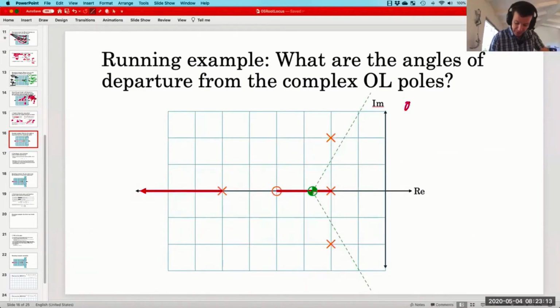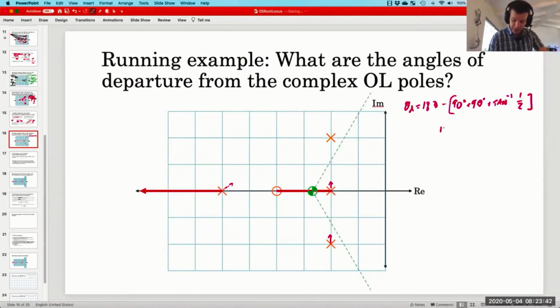We have theta d is 180 minus the sum of all the angles from the other poles. So that's 90 here. That's another 90 from this bottom one. And what's that going to be? That's going to be the angle whose tangent is rise over run, so 1 on 2.